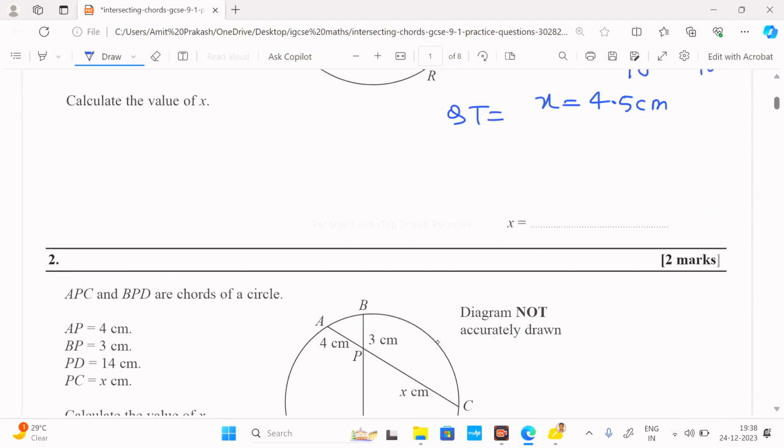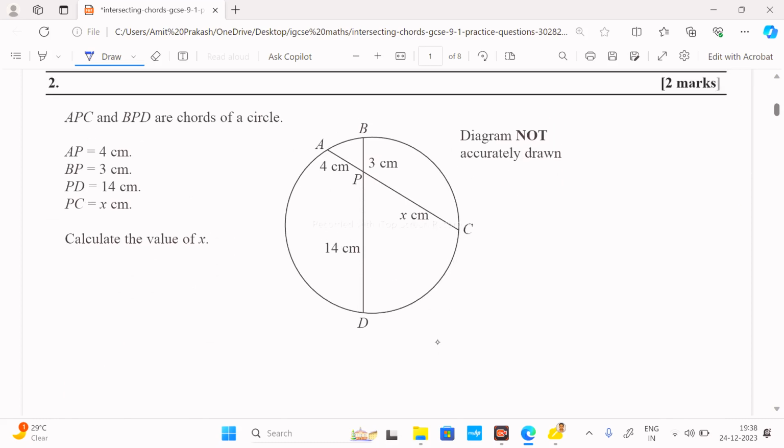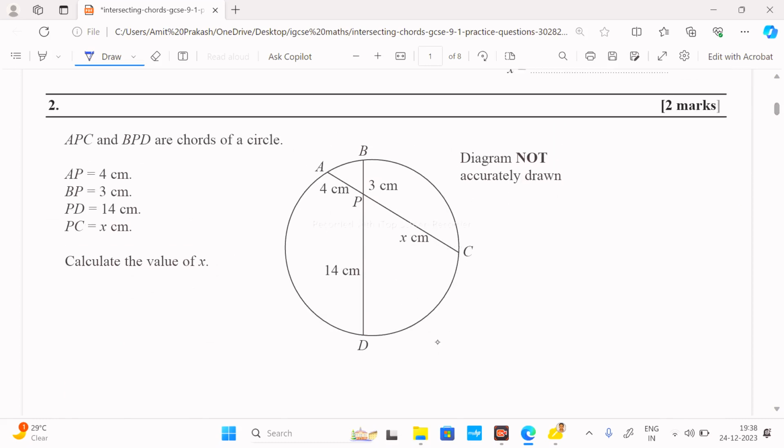Again we have a second problem. This is the same, we have given AP equals 4 centimeter, BP equals 3 centimeter, PD equals 14 centimeter, and PC equals x centimeter. So by the chord intersecting theorem, the segments of chord BD are BP and PD, and the segments of chord AC are AP and PC. Therefore, AP into PC equals BP into PD.